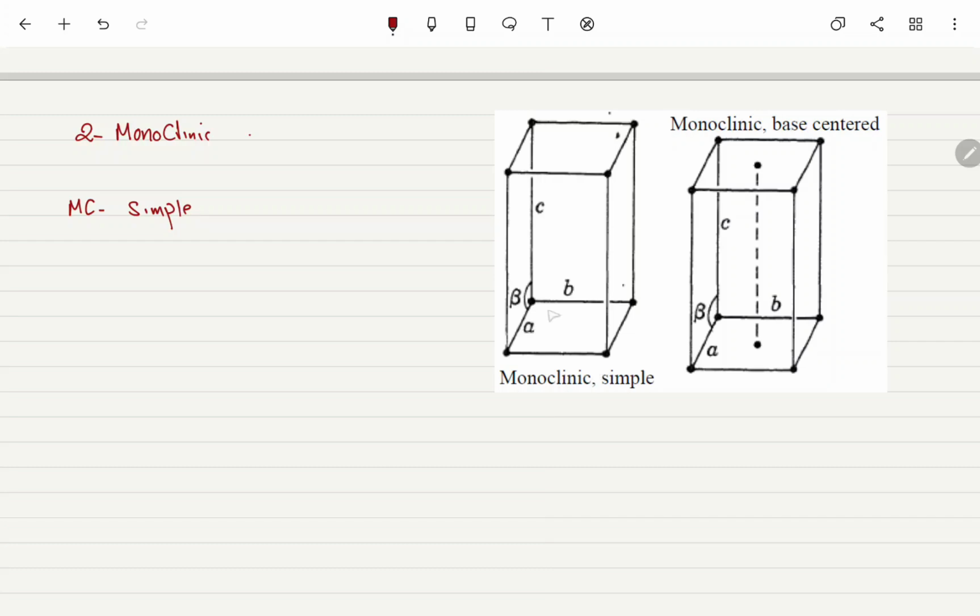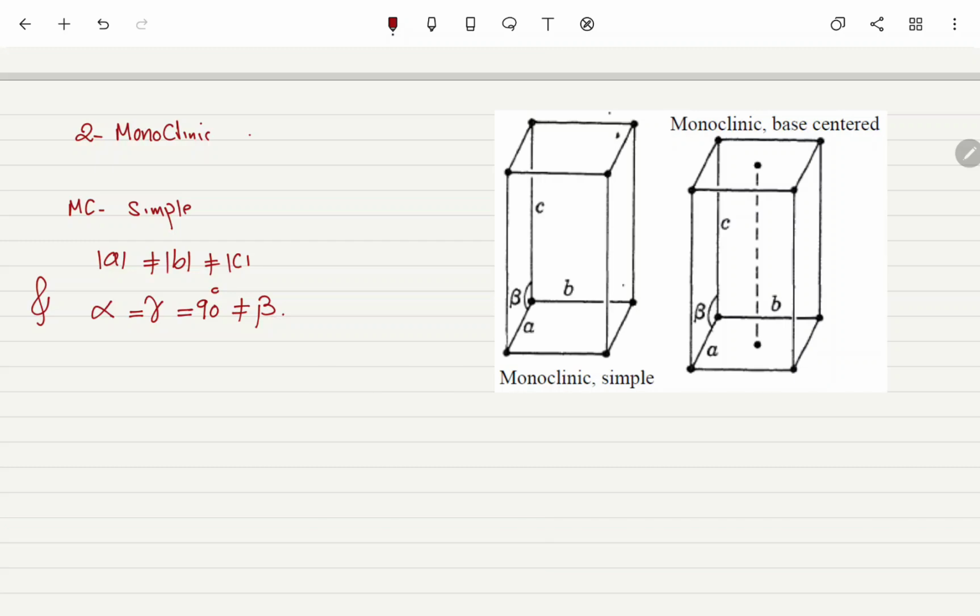As you can see, A, B, and C, which means A does not equal B, not even equal to C, and alpha equals gamma, which equals 90 degrees, but not equal to beta.